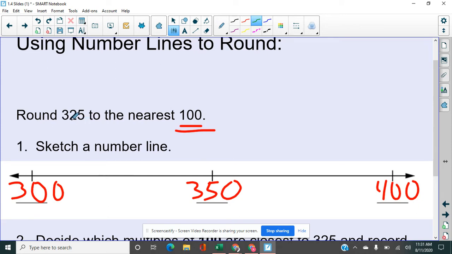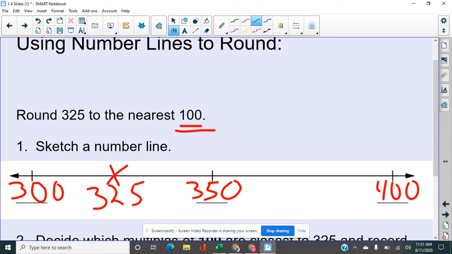All right. Now, where do you think this goes? 325. Is that going to be less than 350 or more than 350? What do you think? 325 would be right about here because it is smaller than 350.